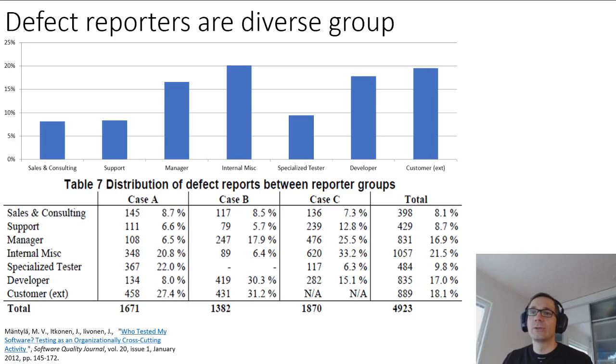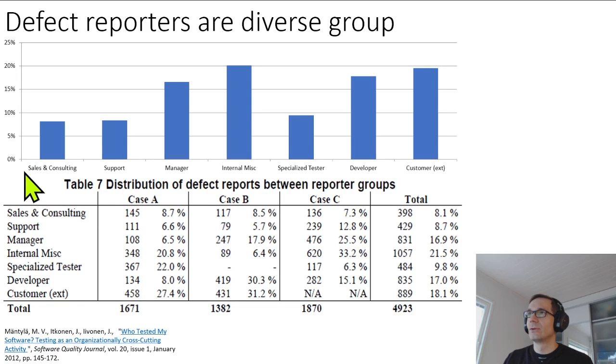And here are some actual numbers on defect reporters from a study from 8 years ago, where 5,000 defect reports were looked into and the reporter's role in the organization was studied. In those organizations, it was found that only roughly 10% of the defects in the defect reporting database were reported by specialized testers. Various other groups were present.